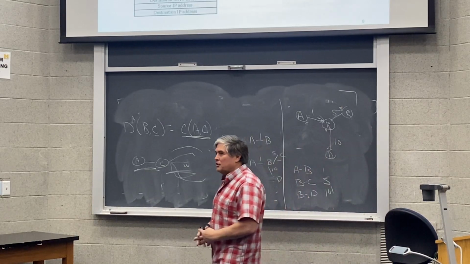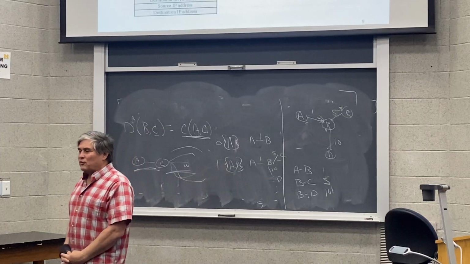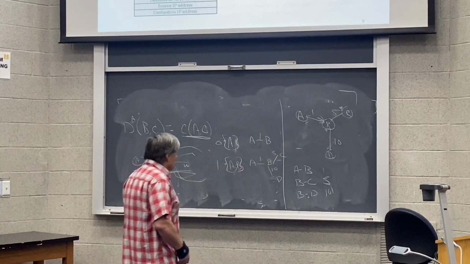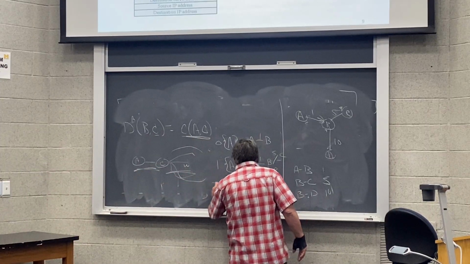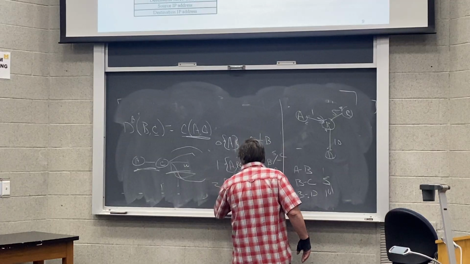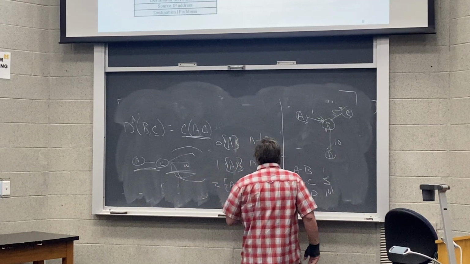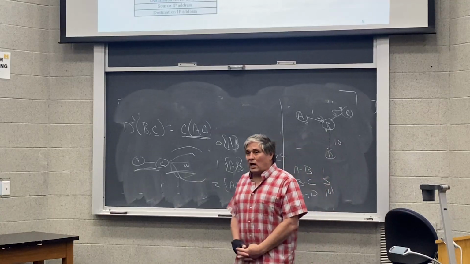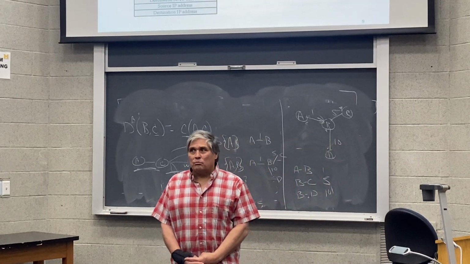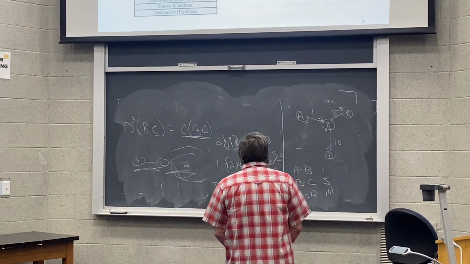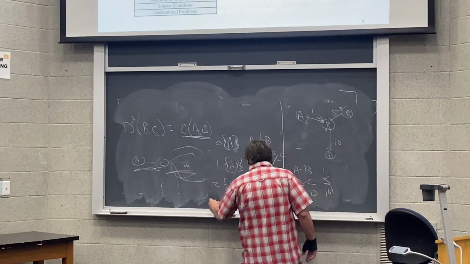I have B to D is 10, B to C is 5, so I take the 5. So now I add C. And I have no new information to add, right? Because C is not connected to anybody. And the next step, I add D.